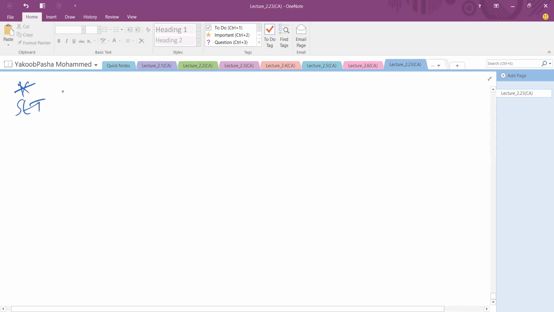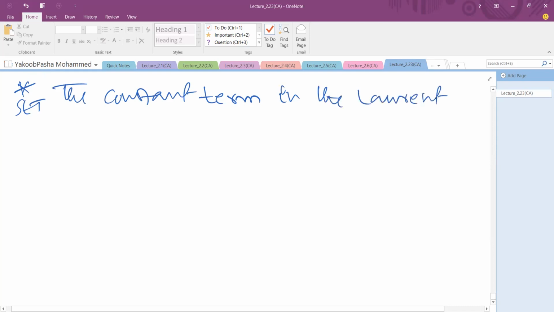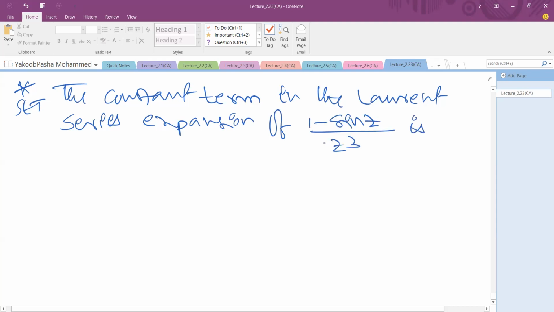The constant term in the Laurent series expansion of (1 minus sin z) divided by z cube is what we have to find.